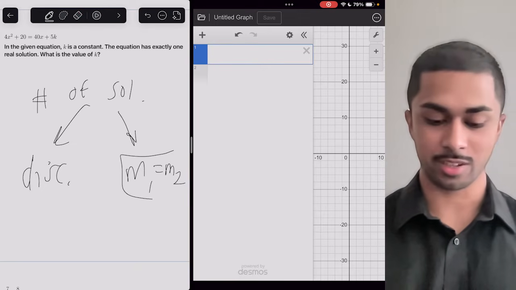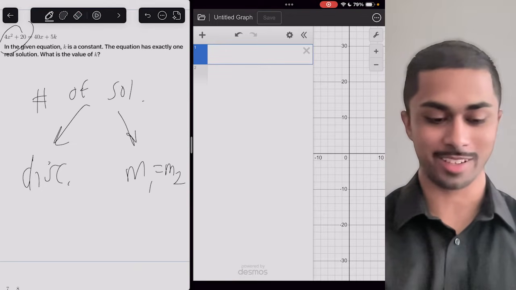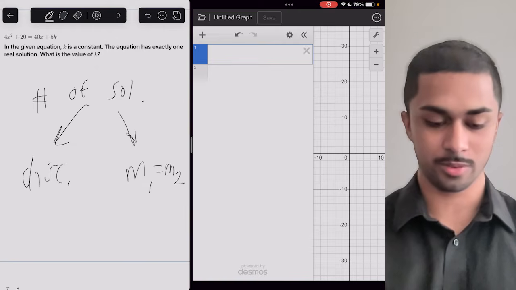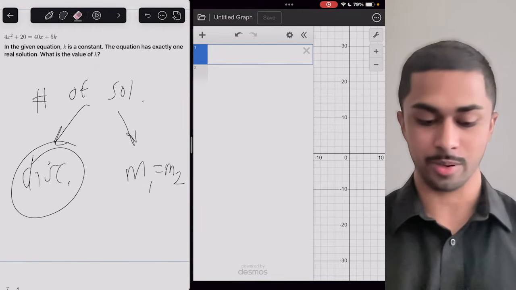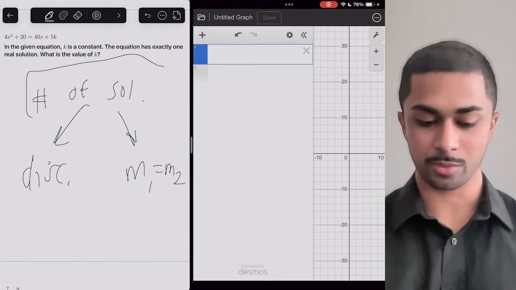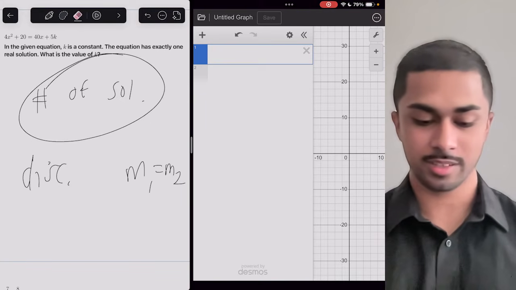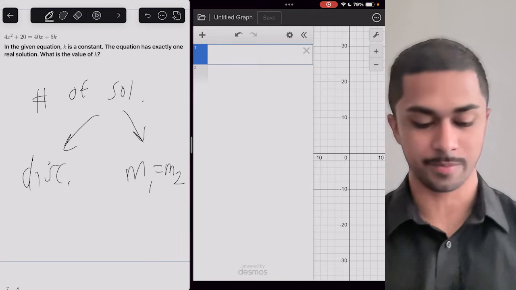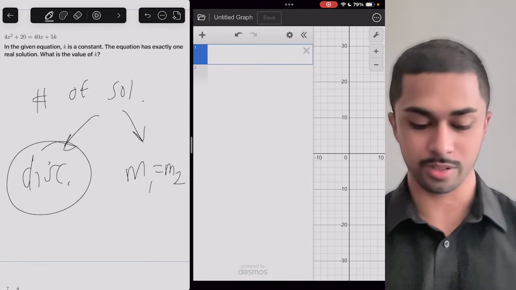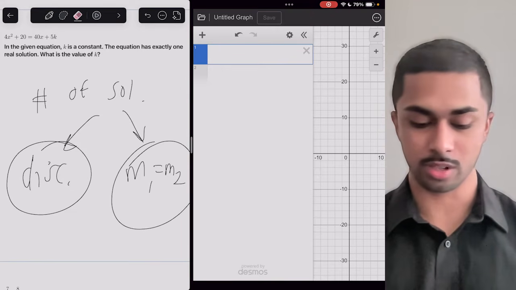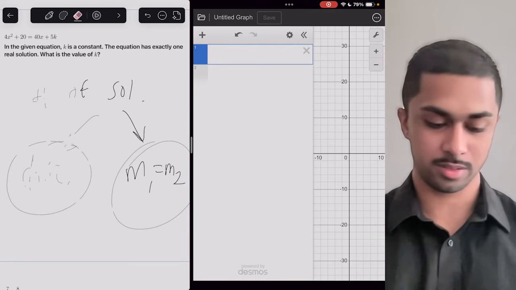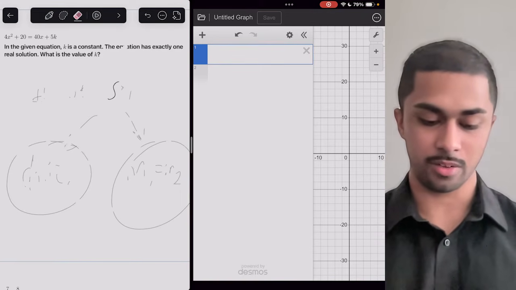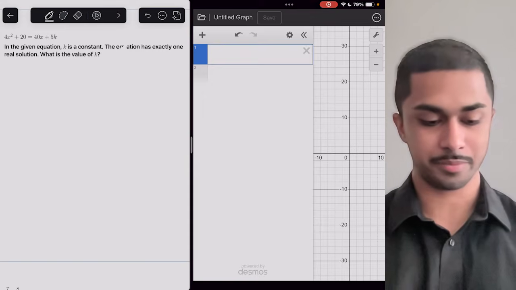So we cannot set these slopes equal to each other because a quadratic doesn't have a slope. We have to use discriminant. Do you see how this works? So do this anytime you see the number of solutions on an SAT question. You're either going to use the discriminant or the slope. Memorize this. So we just figured out that this is a discriminant question.